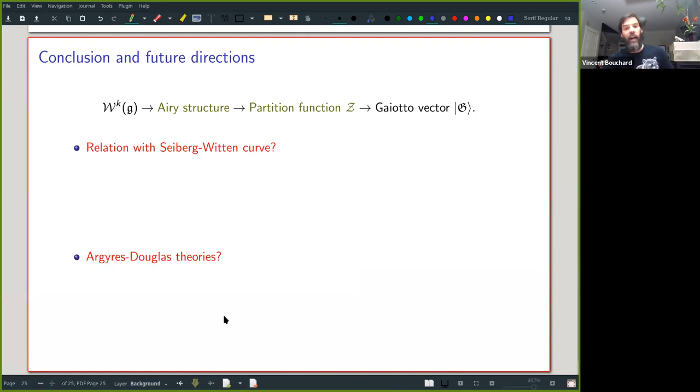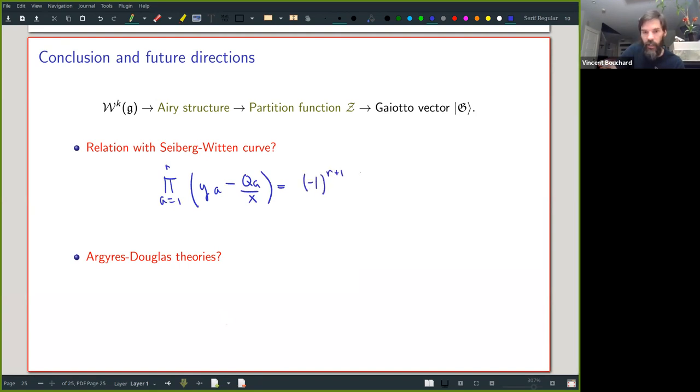A few things we will discuss in future work: first, what is the relation with the Seiberg-Witten curve? This is something that has been studied before. You can also use the Seiberg-Witten curve to study these theories. The Seiberg-Witten curve is related to our curve, but it's not quite the same. It's related to this curve here, where you have a right-hand side, which makes it a lot more complicated.